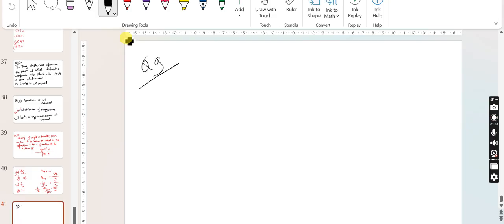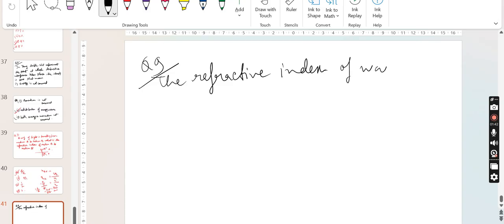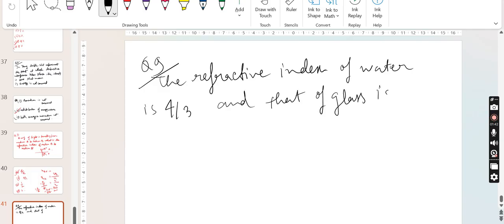Question 9. The refractive index of water is 4 by 3 and that of glass is 3 by 2.